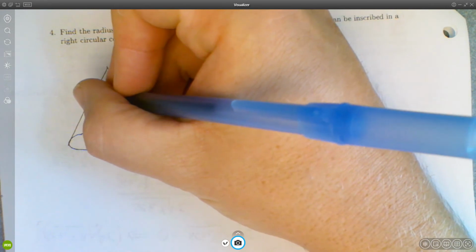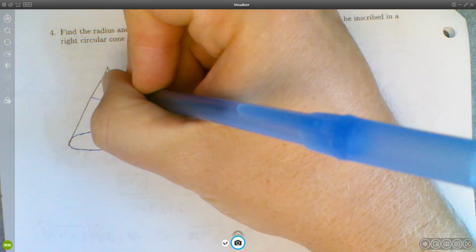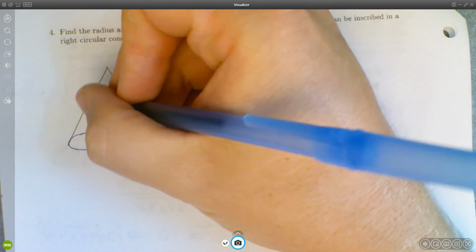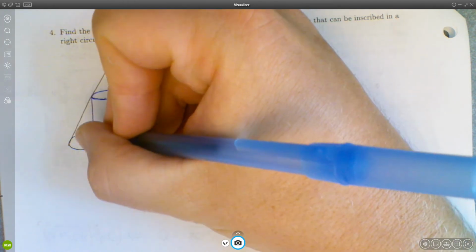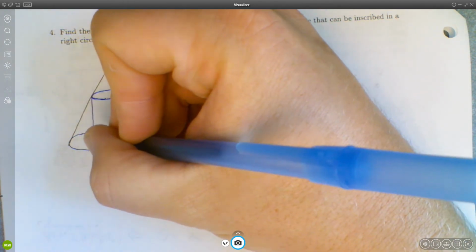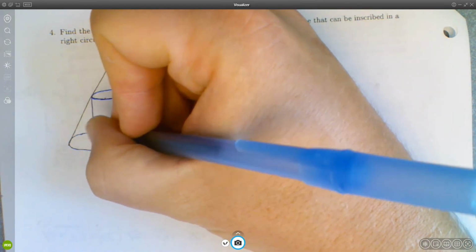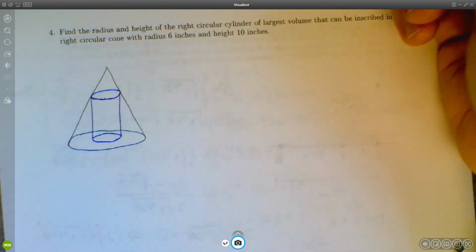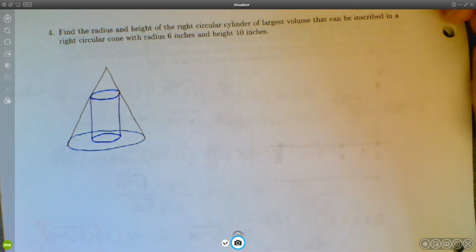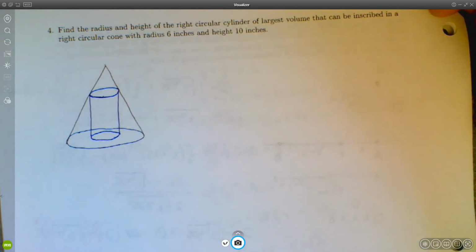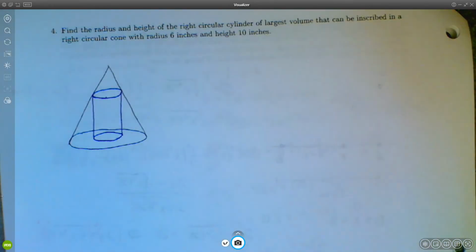So maybe the cylinder looks something like this, I suppose. Okay. That's really kind of confusing, I think, but that's the best I'm going to be able to do when it comes to drawing this.